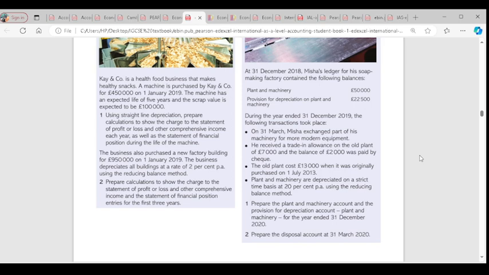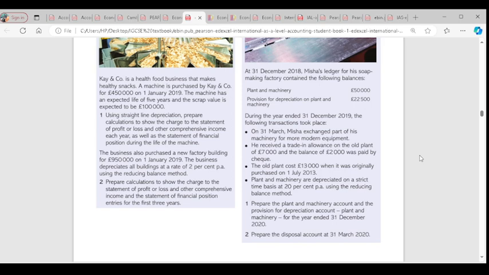I think that is clear. So the value for depreciation, 46,000 minus 9,200 is 36,800.